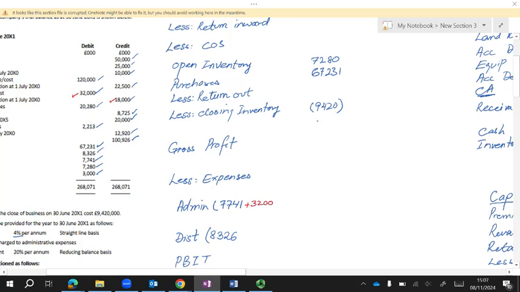Because I do not have any space here, I can add here depreciation equipment 1960. Well, there was no return outward, so I'm going to erase that so that I have more space. 1960.